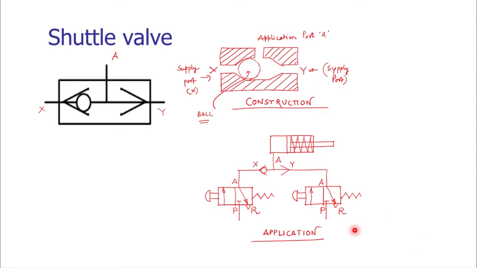When valve B is operated by pressurized fluid or compressed air, that is given to port Y, and through port Y it is applied at the piston cylinder arrangement. Note that this is a single acting cylinder, the forward stroke being controlled by two different valves. The return stroke is given by the spring force itself.